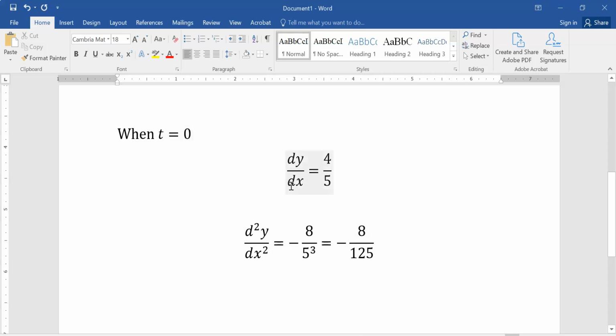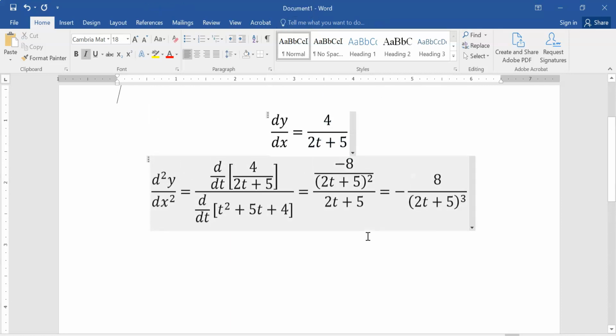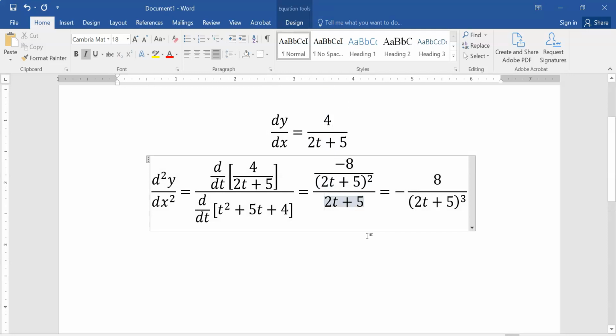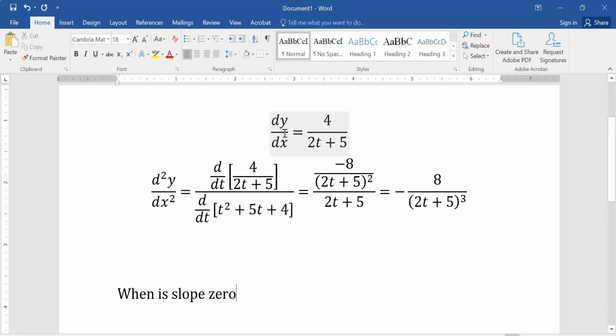Obviously, when t was equal to 0 in our situation, the slope was not 0 and the slope was not undefined. So let's X that out and go back up and ask, when is the slope 0 or when is it undefined? Well, the slope is 0 when the first derivative is 0.